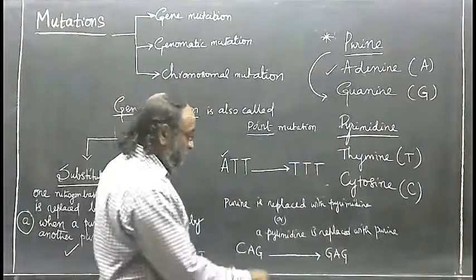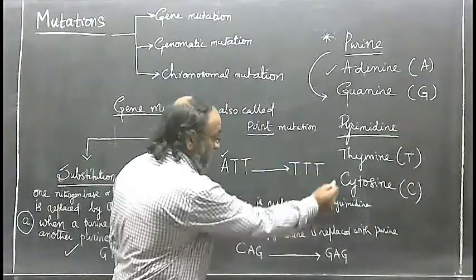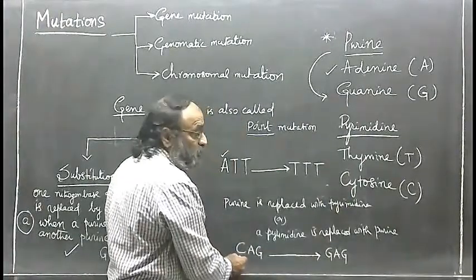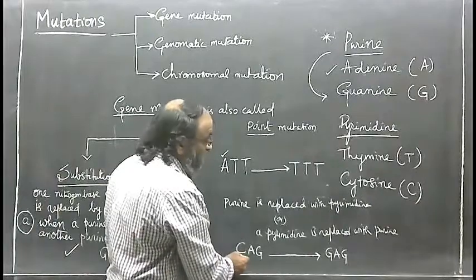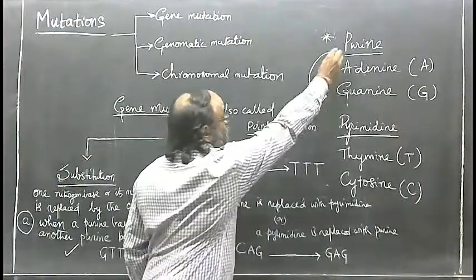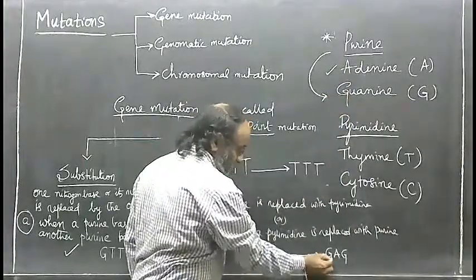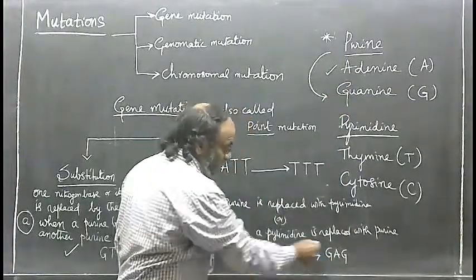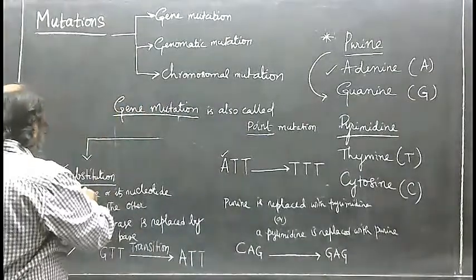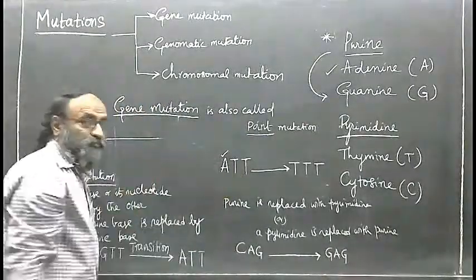In this particular case, cytosine is a pyrimidine. The cytosine, that is a pyrimidine, is replaced with a purine base, that is guanine. CAG becoming GAG. Now try to compare this case with that case.